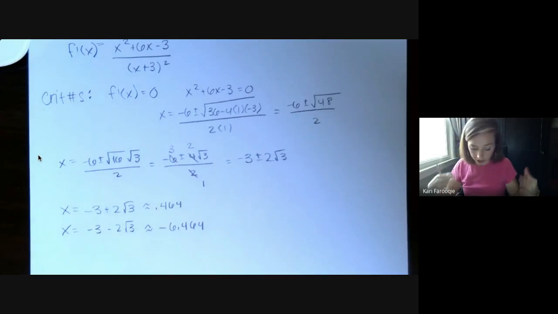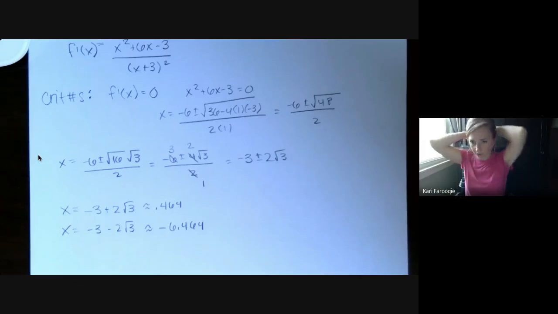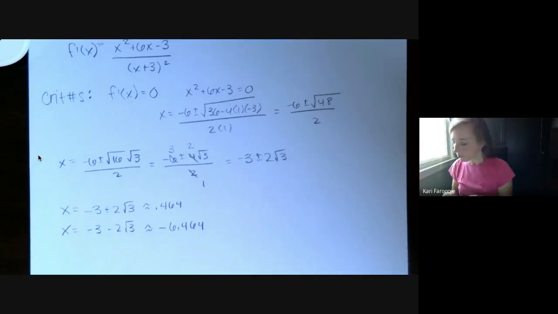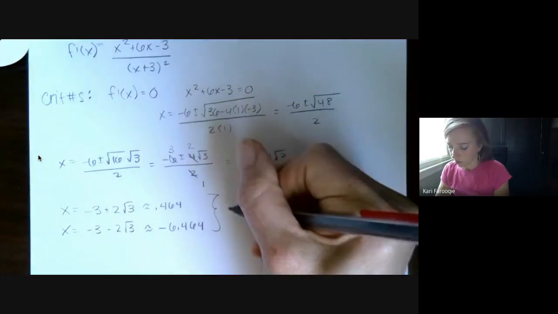You're just looking for any possible places where you have extreme values. We're going to look at these intervals and figure out what's happening to our function as far as whether it's increasing or decreasing on them. And then we're going to talk about finding extrema, which comes right from that test for increasing or decreasing functions. Okay, so these are two critical numbers.